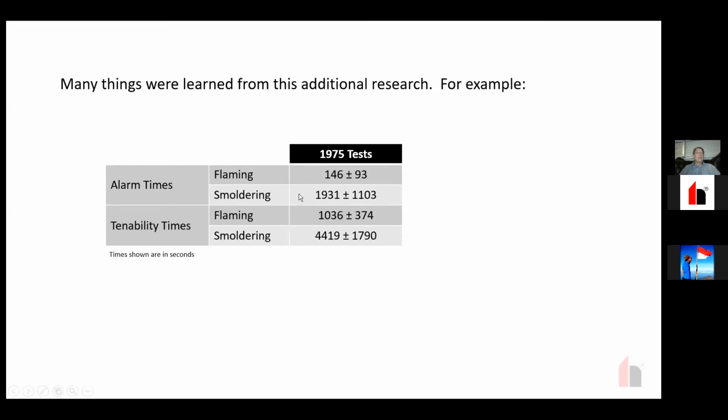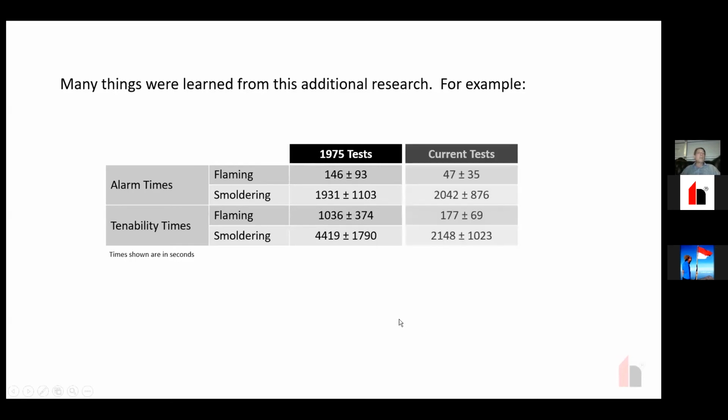So from the time the alarm sounds until the room or structure becomes untenable, they have about 41 minutes. That's plenty of time to get the family together, to get out, to call the fire department. They can respond, probably suppress or extinguish the fire before any major damage is even done. So that's good. That's what they found in the 1975 tests.